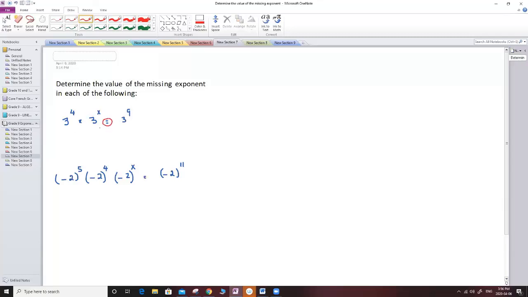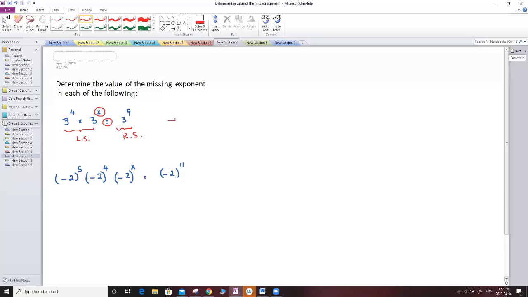That means the left side equals the right side. Therefore, if I have the right side 3 to the power of 9, I need to find what is missing here to have the same answer, 3 exponent 9.